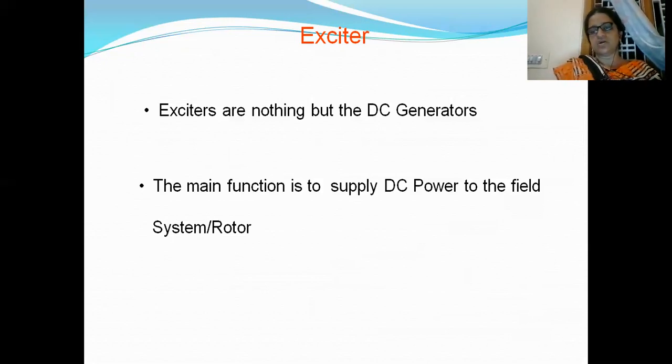Usually we give DC excitation and try to rotate the alternator by coupling the output of the turbine to the generator. We try to rotate the rotor of the alternator.